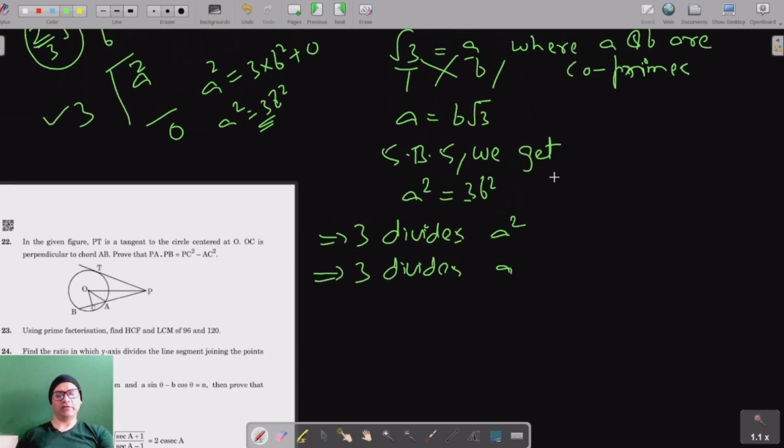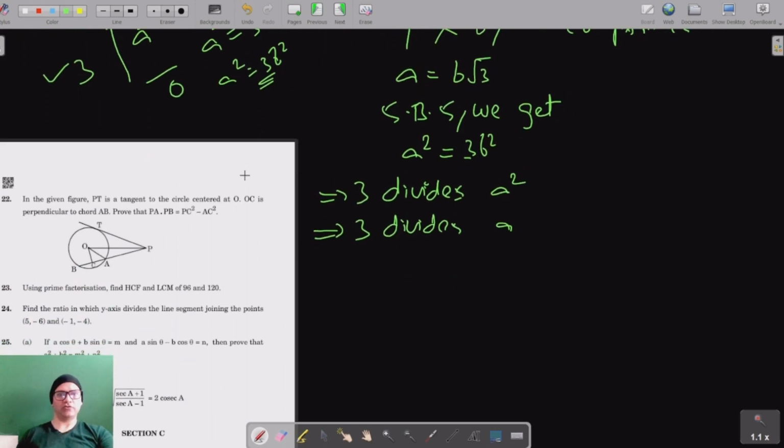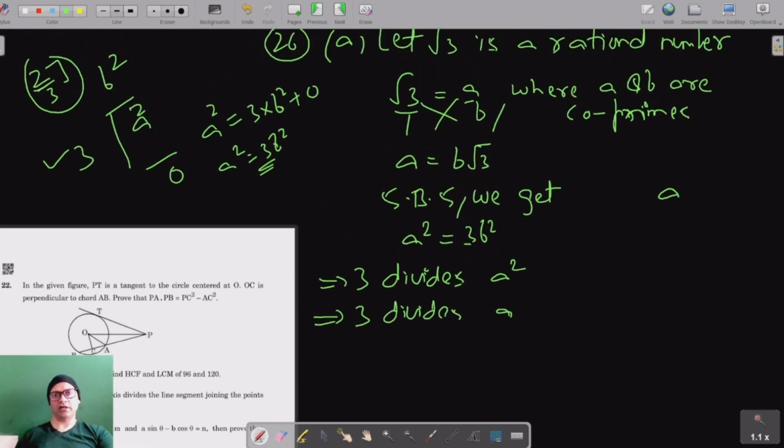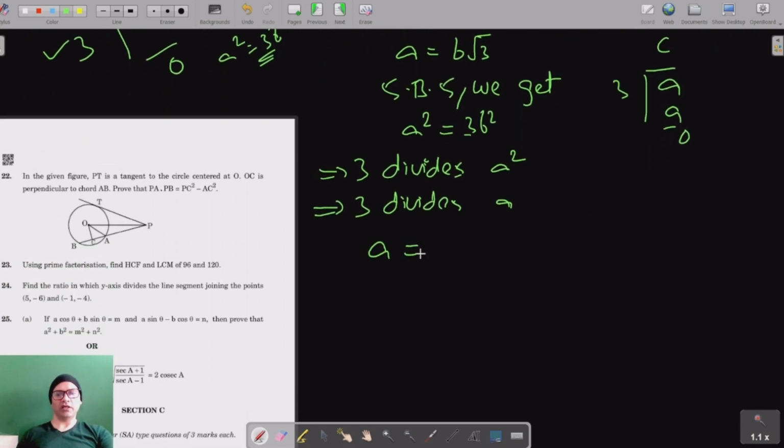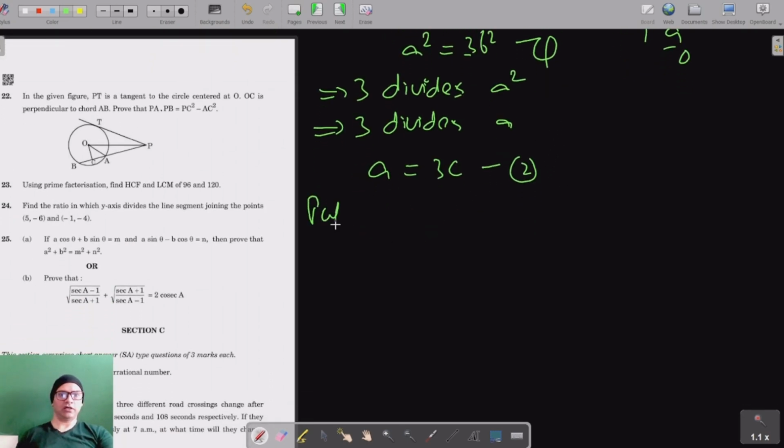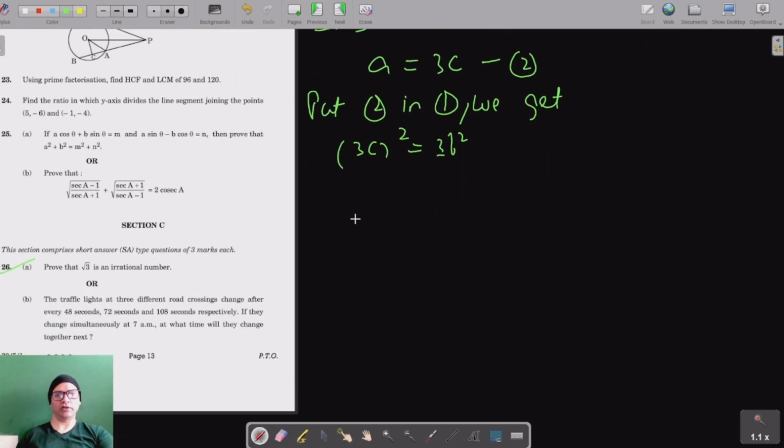Okay, if 3 divides a, that means there has to be some integer that divides a. So let that integer be c. And now a is equal to 3c according to the division algorithm. So let's say this is equation 1. And if we put 2 in 1, we get 3c the whole square, which is equal to 3b square.